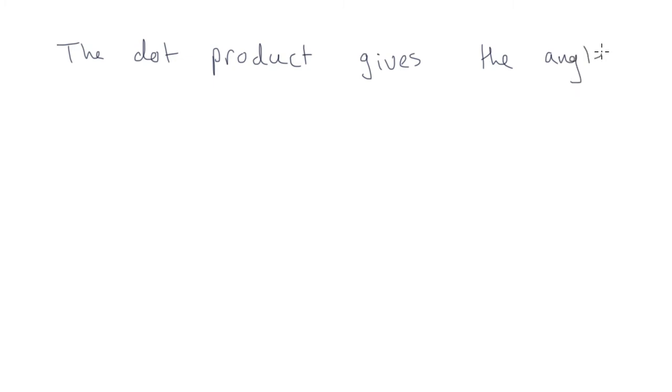So what you're probably asking now is, what is the point of the dot product? I mean, we defined it, and it has these interesting properties, but what is the point? Well, the dot product implicitly gives the angle between two vectors.